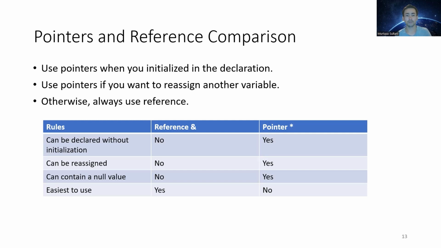It can't be reassigned because it acts as an alternative name, or alias, for a variable, and a reference cannot have a null value. However, references are easier to use. Pointers are more complicated.